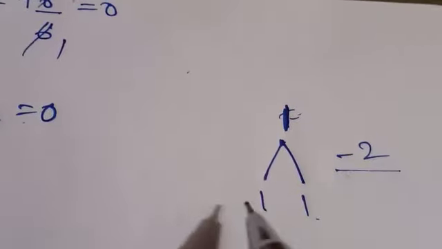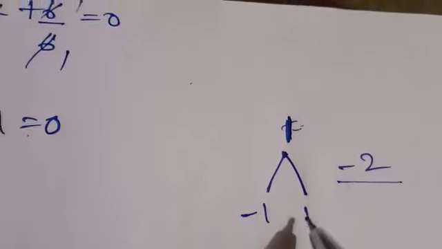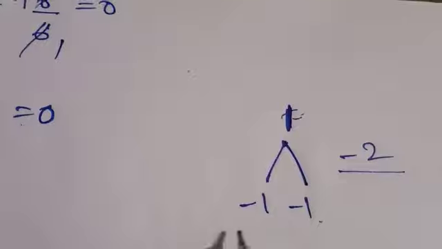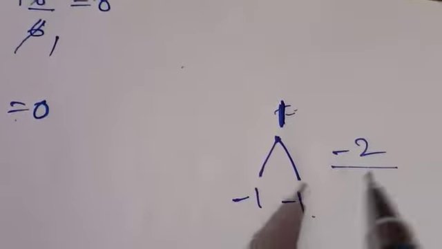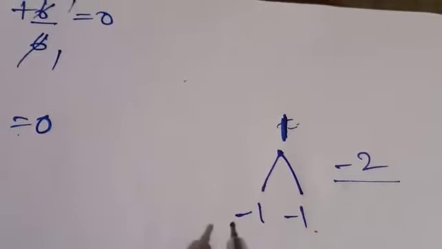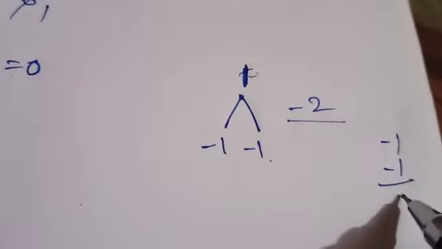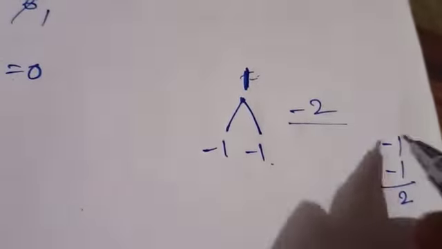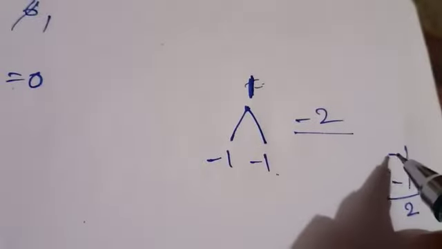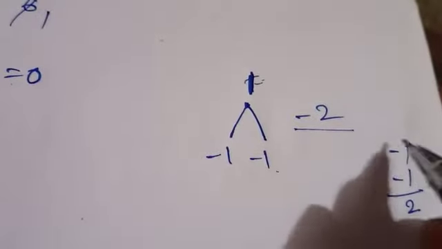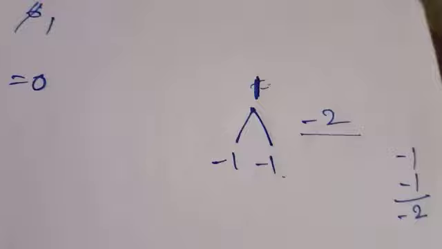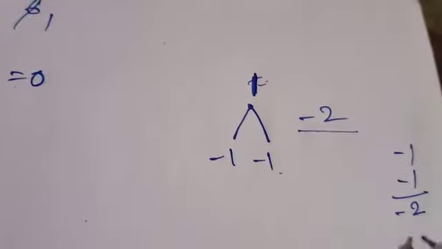Minus 2, right? So if I put minus to both the values, then by adding, minus 1 minus 1 will add to 2, and the sign will be the same since both are 1.